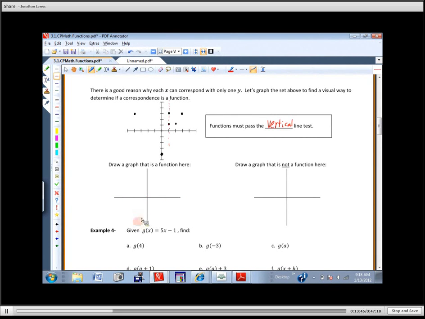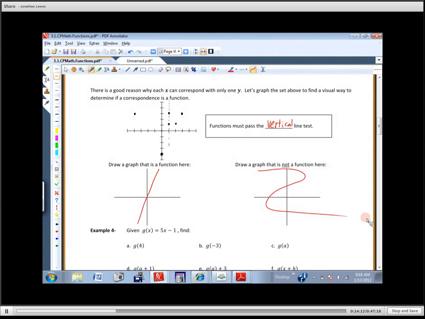Okay. How do we draw something that's not a function over here? Same x-coordinate for 2 points. So if I did something like this and made the graph go through there, that wouldn't pass the vertical line test. That wouldn't be okay. So anything that kind of goes back on itself like that, that would not be a function.